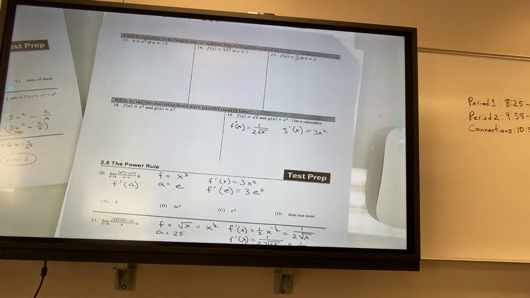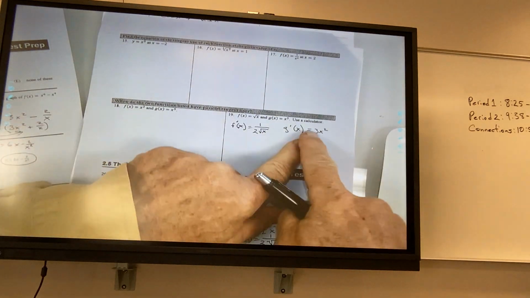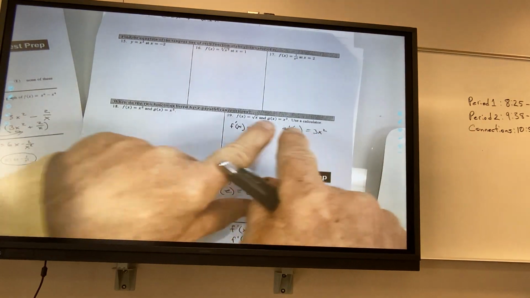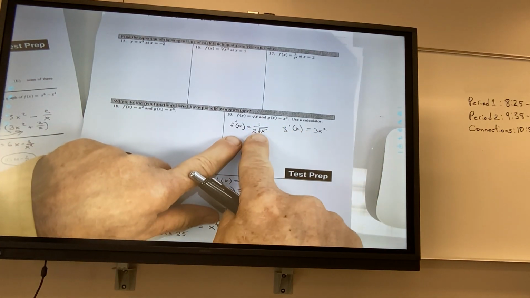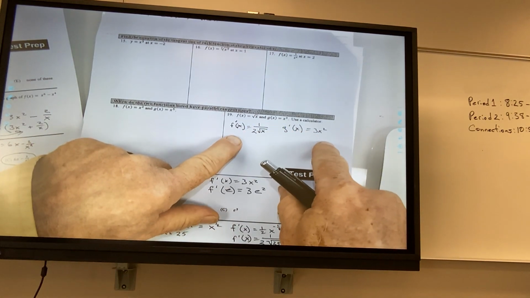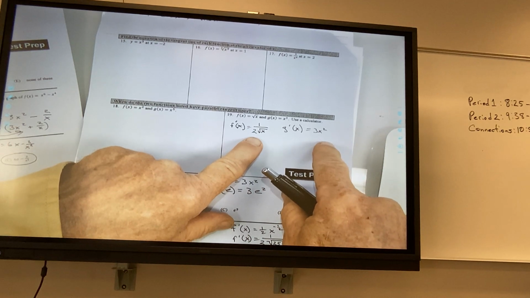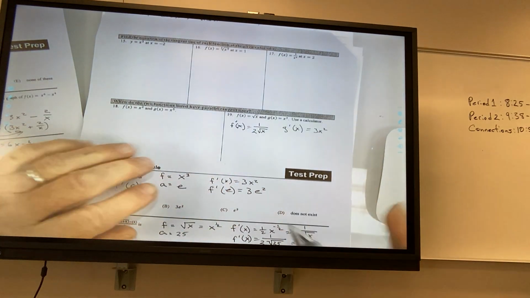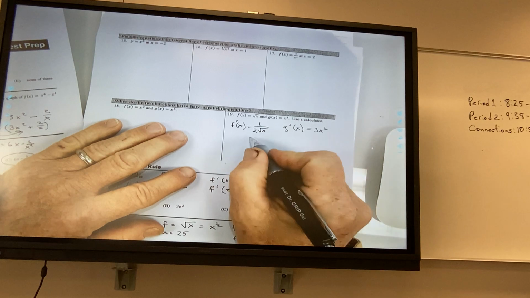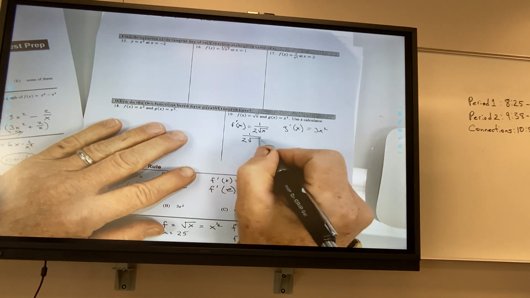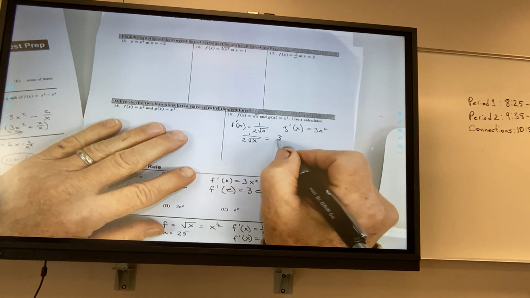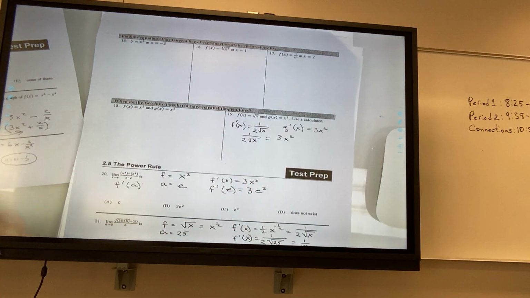These give you the slopes of all the tangent lines on G, and these give you the slopes of all the tangent lines on F. I want to know when they're equal, so I'm going to make these two expressions equal. So I'm going to have 1 over 2 square root of x is equal to 3x squared. Would you agree with that?